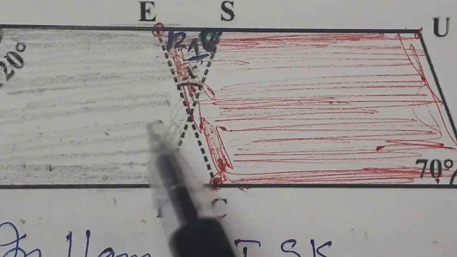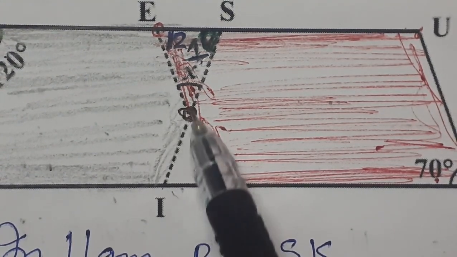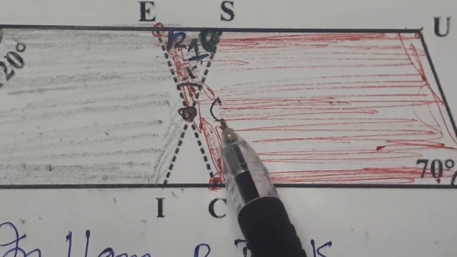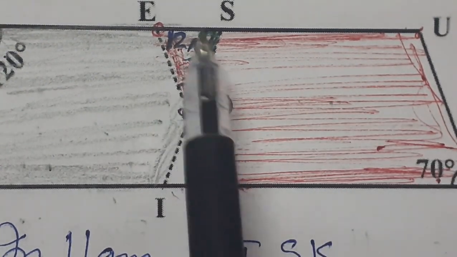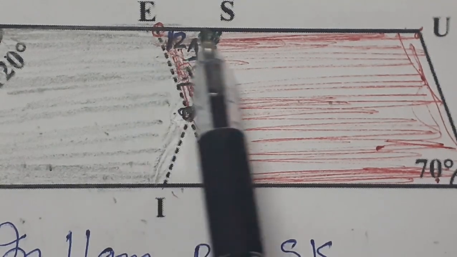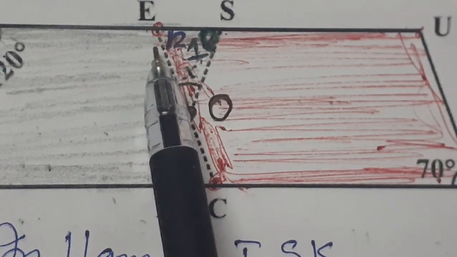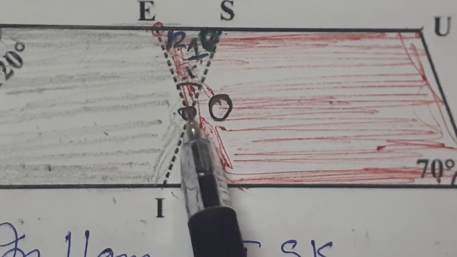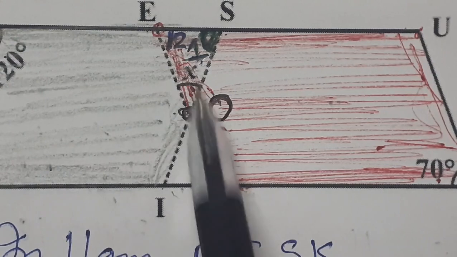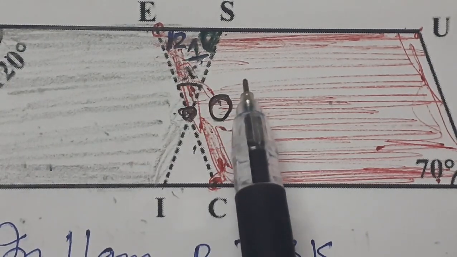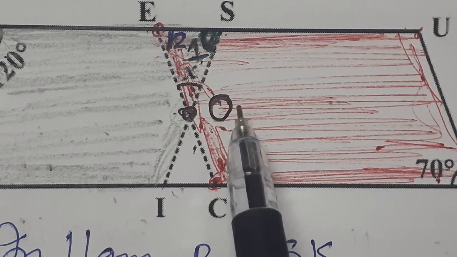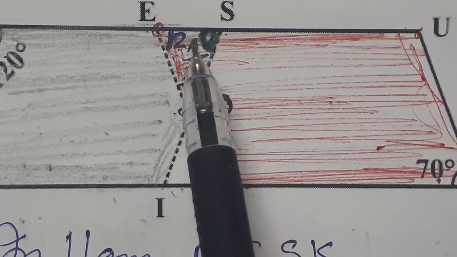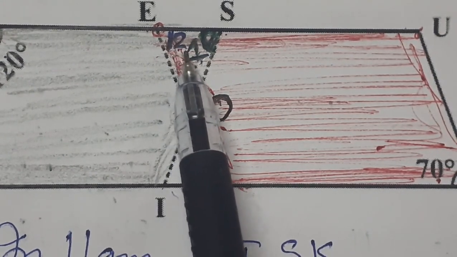I am giving this name O. Now consider this triangle O, E, S. In this triangle, the sum of three angles equals 180 degree. And we already found 1 and 2.